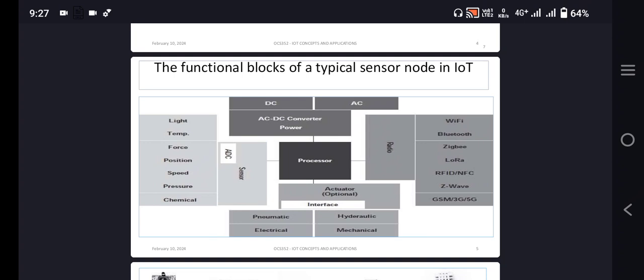Then after conversion, the data is given for storage, or in order to transfer the data, different communication modules such as Wi-Fi, Bluetooth, Zigbee, LoRa, RFID, Z-Wave or GSM modules are used.